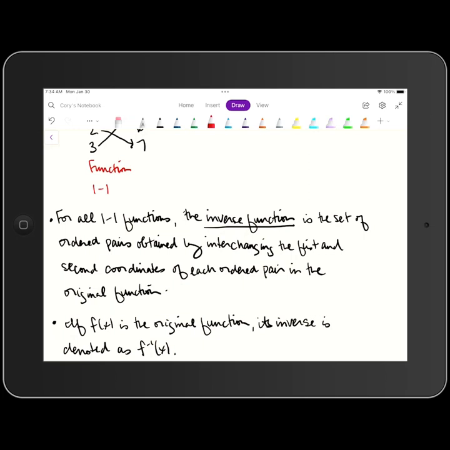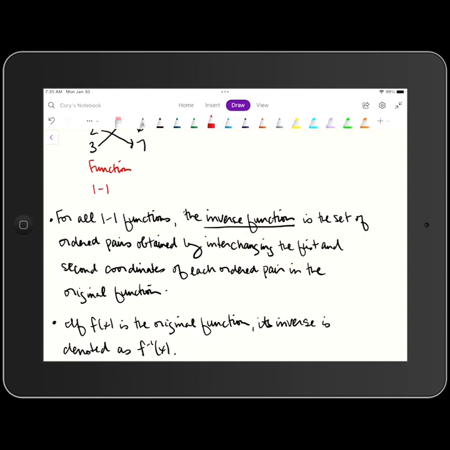So if we want to find the inverse of a function, we can do so by switching the first and second coordinates. The first coordinate refers to x values, the second coordinate refers to y values.